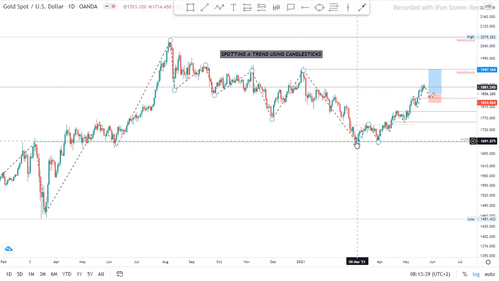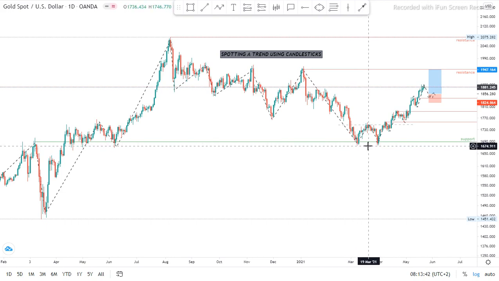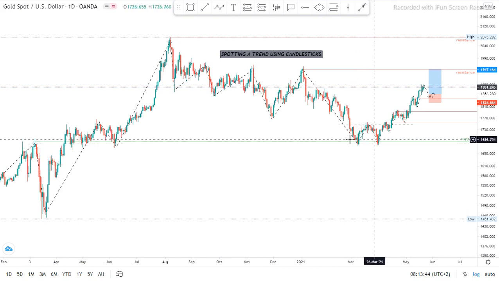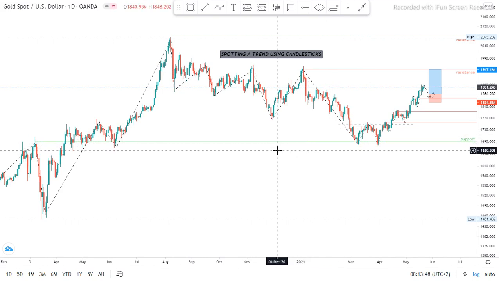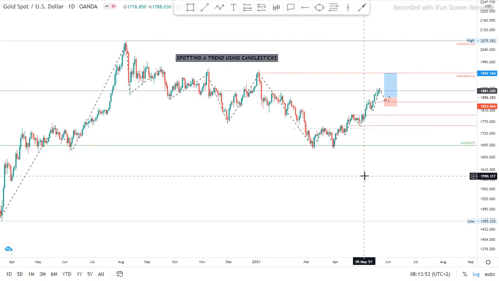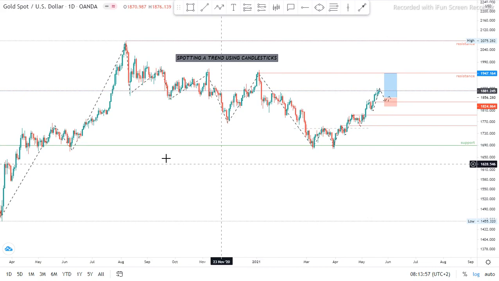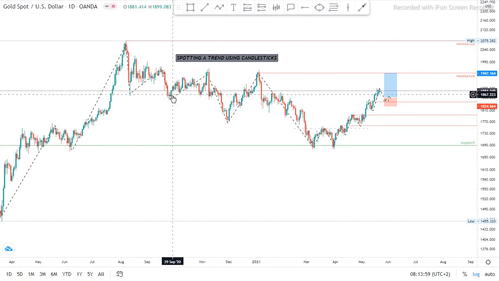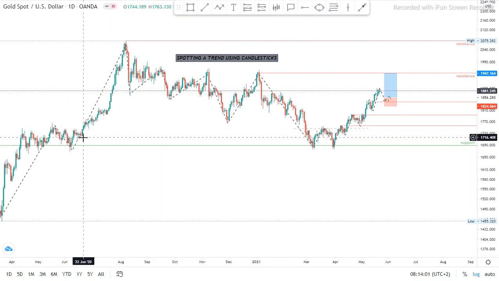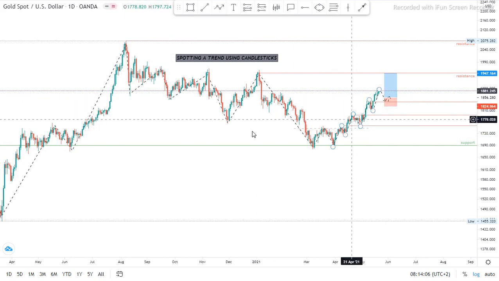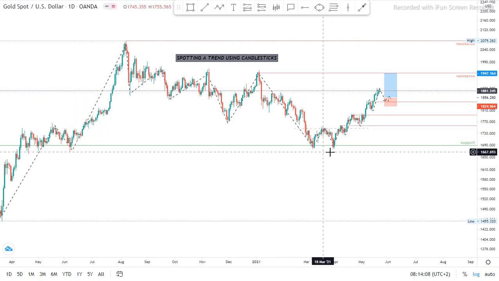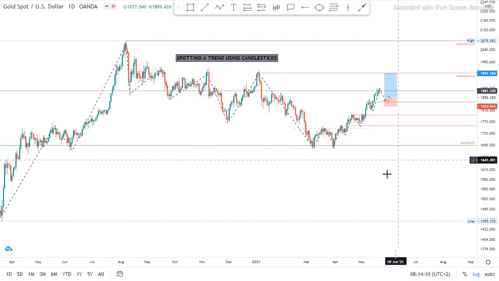When we talk about candlestick patterns, these are our double tops, double bottoms, head and shoulder patterns, doji candles, and all of that. I will make a video talking more about that, but for now I just want us to focus more on how to read the market, how to see where the market condition is. Are we in an uptrend, are we in a downtrend, are we moving sideways?